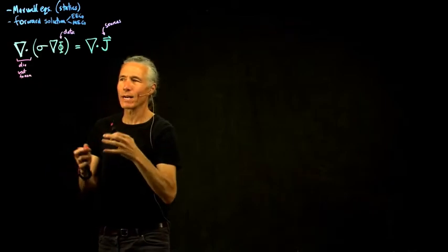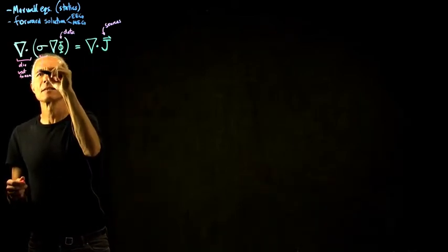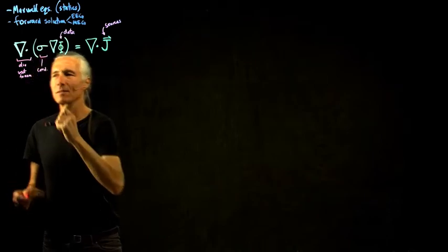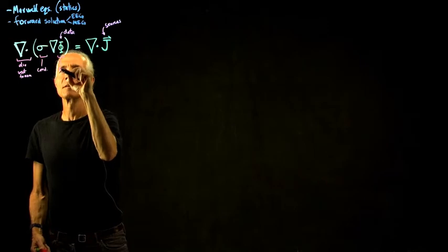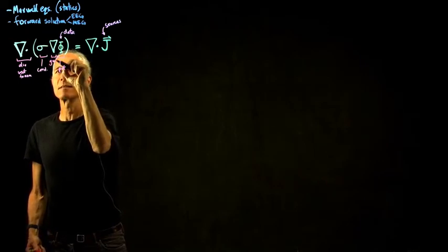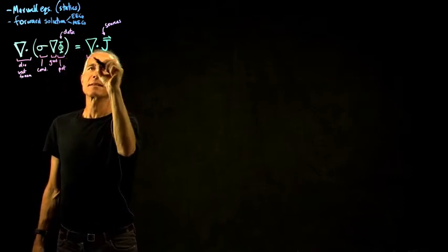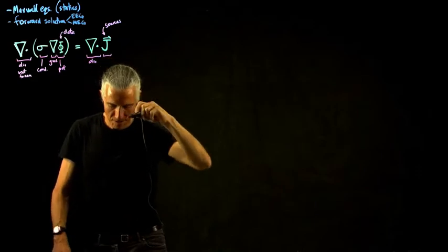So how radiating or contracting is something. This is the conductivity, how easy it is to get charges through something. This is the potential. This guy is grad, that steepest uphill direction. This guy is another div, and these guys are currents.